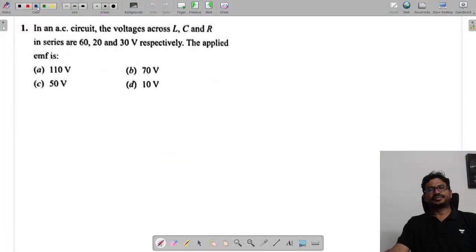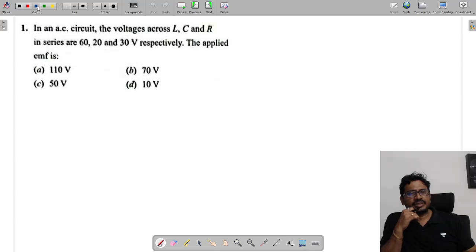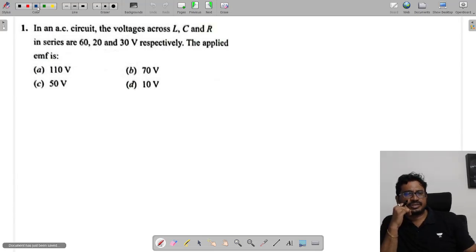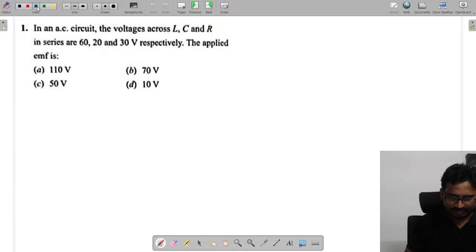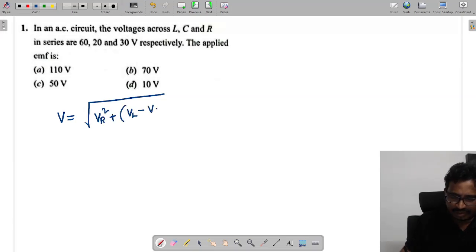Right. Next one. In an AC circuit, the voltage across L, C, R in series is given as 60, 20, 30. The applied EMF, means the source voltage, is given by the relation V squared equals VR squared plus VL minus VC whole square.